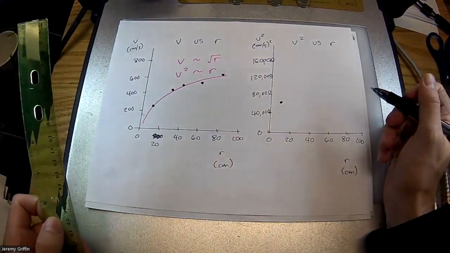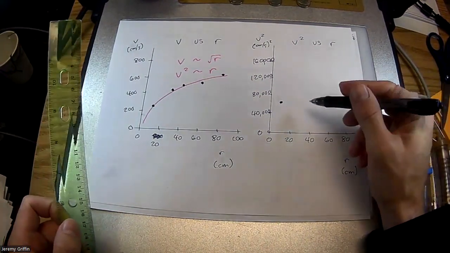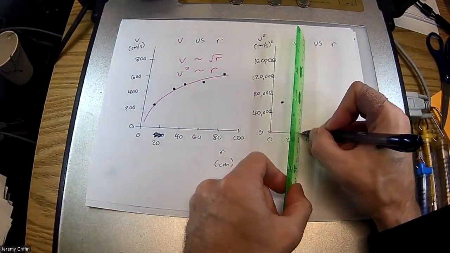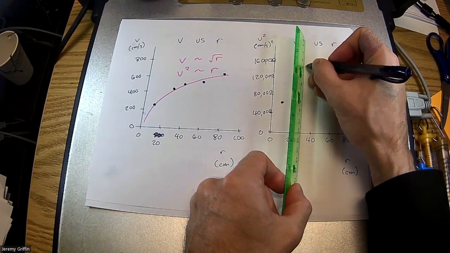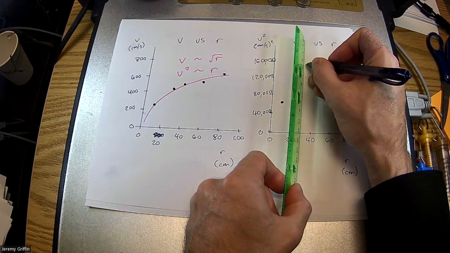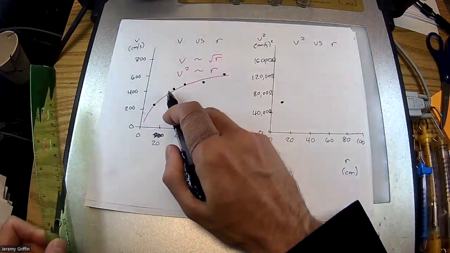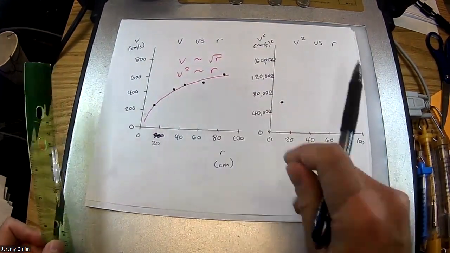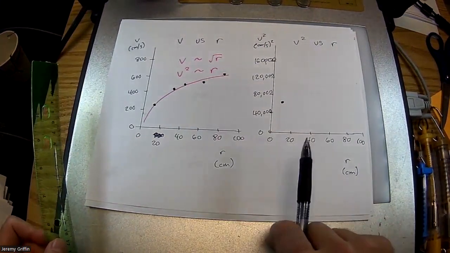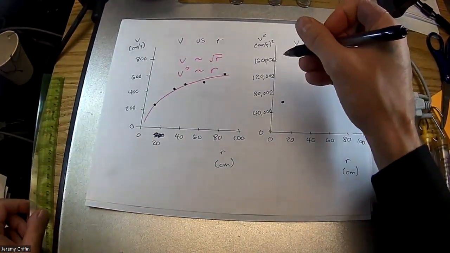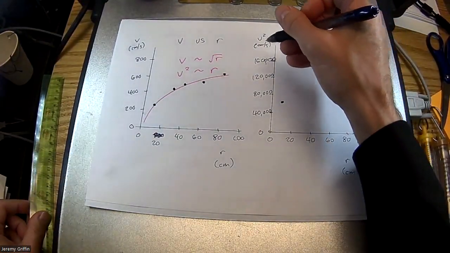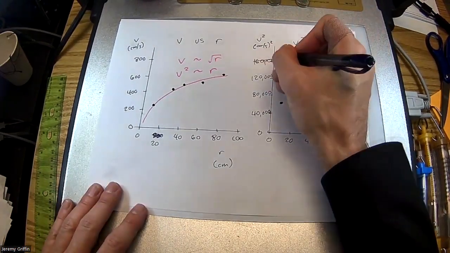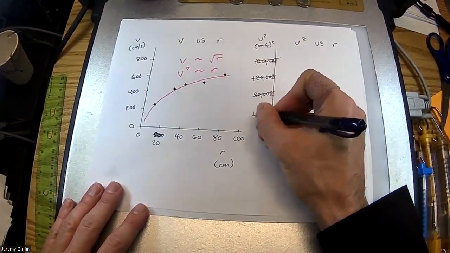Right. Next one. At 30, it was 165,000. Wait, 30 centimeters was 160? Wait, what? Oh. Hold on. I messed that up. I messed up my scale. Oops. Let me go back and fix these numbers.